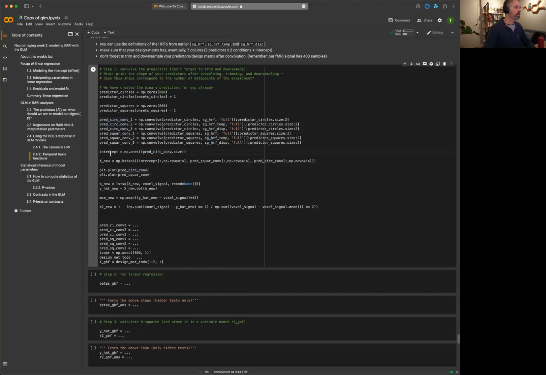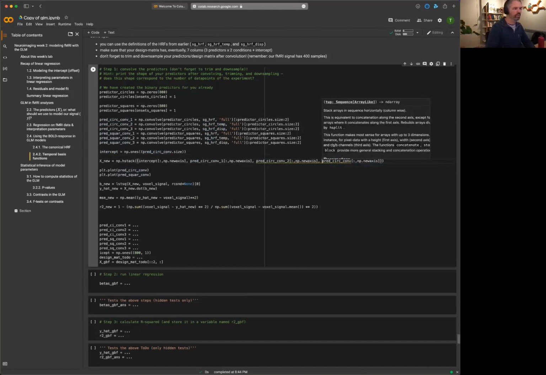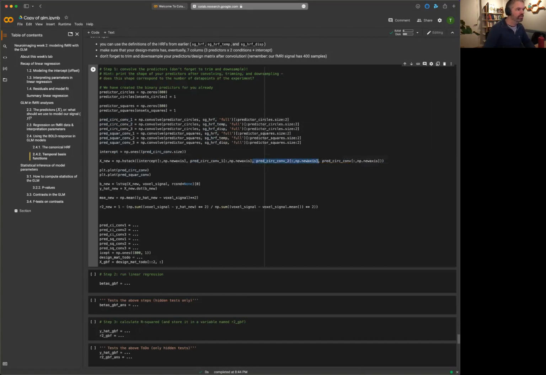Of course, we do need our intercept, and now we're going to just put them all together by repeating text. It's not what I would have wanted, but here we are. I have to say, I'm used to faster editors.